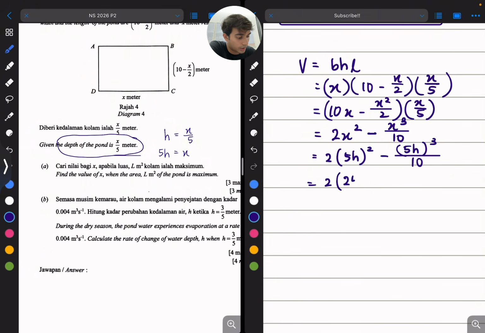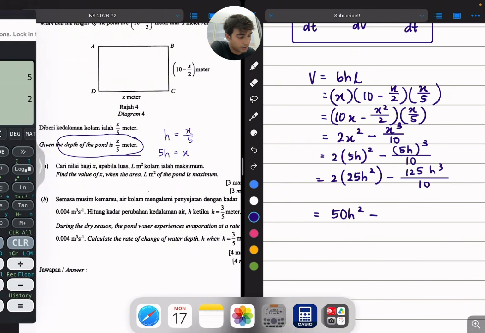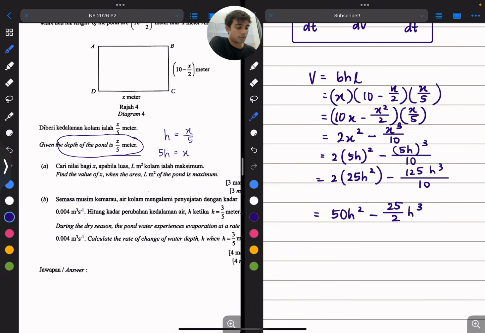So 5h square is 25h square. And then here 5 cube is 125 h cube over 10. Then we expand this. 50h square minus 125 over 10, we can divide it by 5. 125 over 10 is 25 over 2 h cube. Right, so this is volume in terms of h.